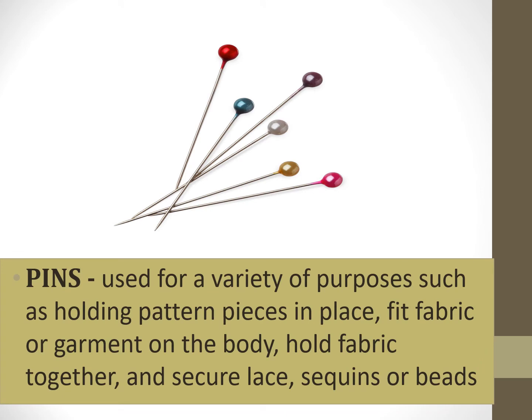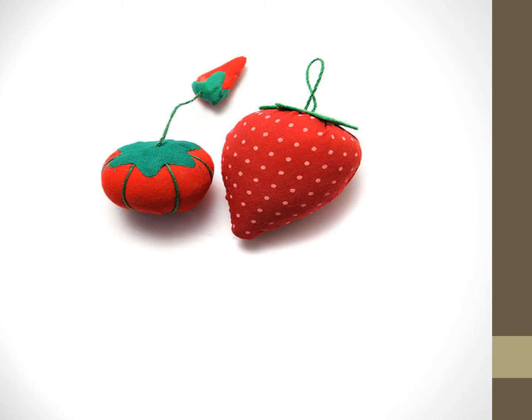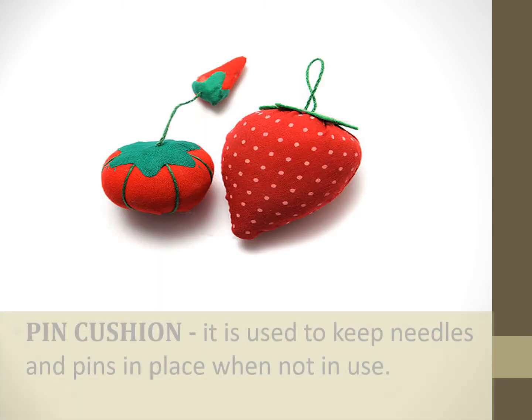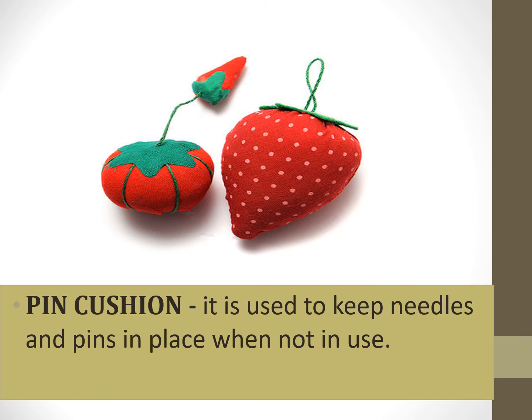Pins, used for a variety of purposes, such as holding pattern pieces in place, fitting fabric or garment on the body, holding fabric together, and securing lace, sequins, or beads. Pin cushion. It is used to keep needles and pins in place when not in use.